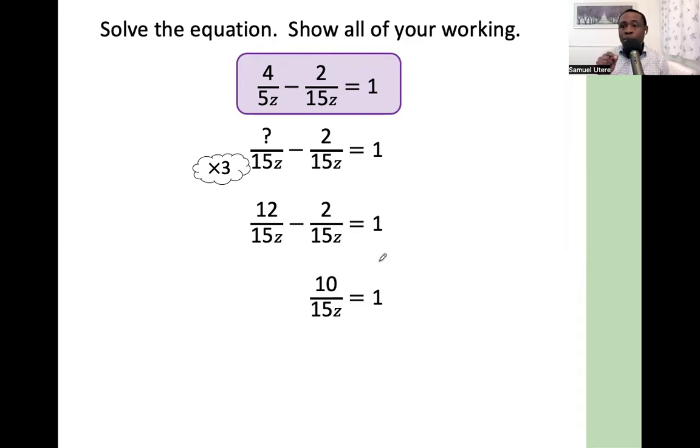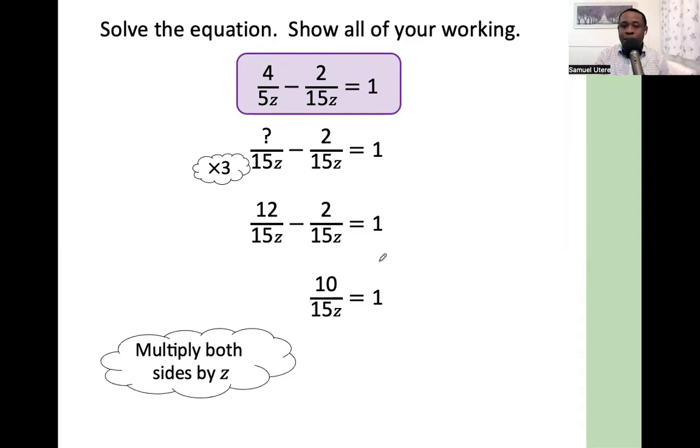Now, this is one way of doing it. Remember, we are dividing by z, but we actually want z to be on its own. Z is at the denominator at the moment. So we want to make sure z is not doing that. Z should be on its own, not dividing in the denominator.